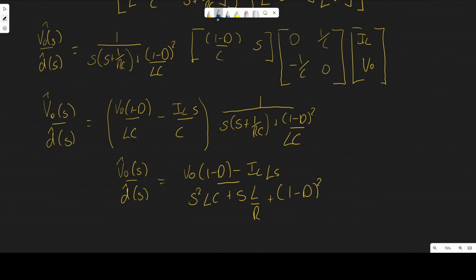So this right here is the small signal transfer function in the Laplace domain.